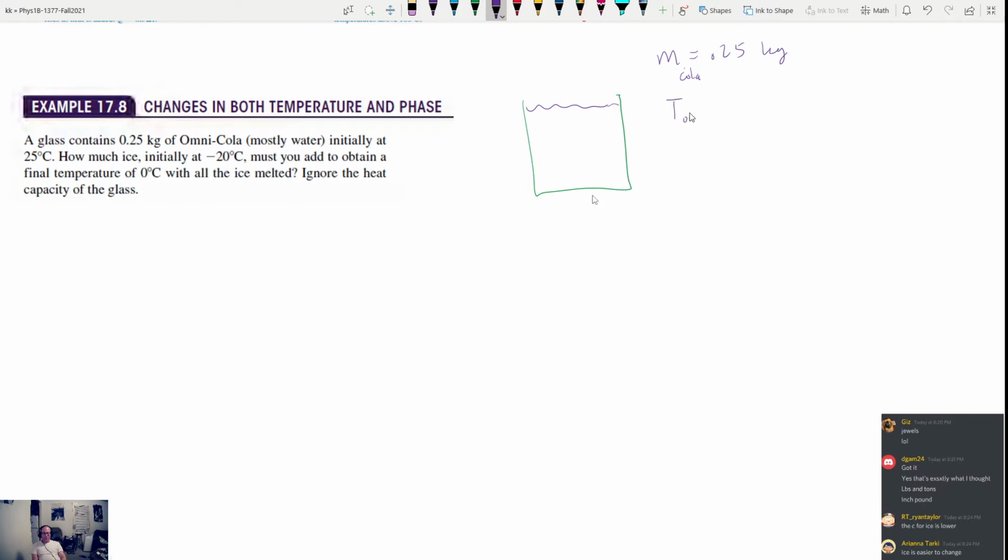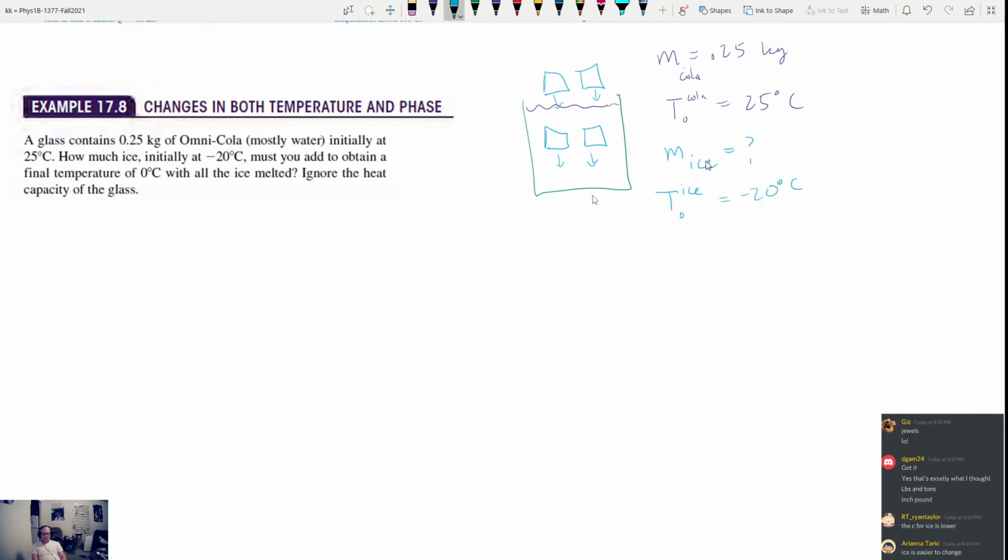So the initial temperature of the cola is 25 degrees Celsius. The question is, how much ice do we need to add? So we're going to add ice. Dump an ice in here. And the question is, how much ice do we need, the mass of the ice, if I know that the initial temperature of the ice is negative 20 degrees Celsius?